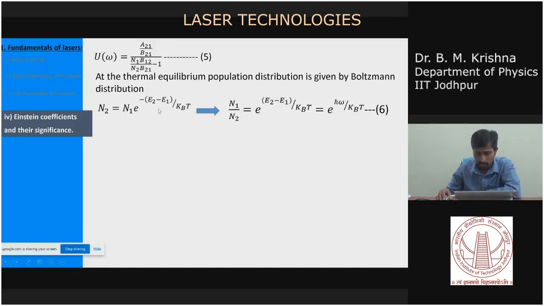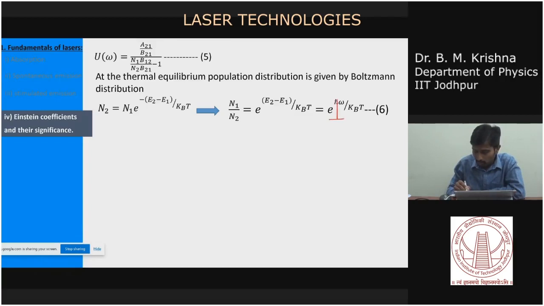You send this whole factor to the other side, and that gives N1 by N2 equals e power (E2 minus E1) by kBT. E2 minus E1 is the energy gap, which is the incident photon energy, h cross omega.